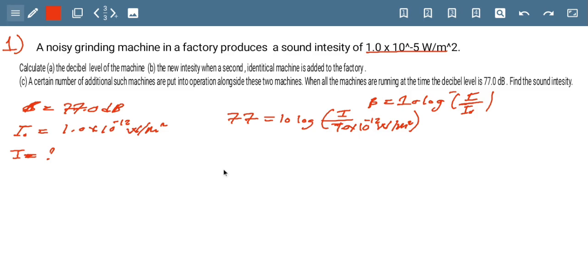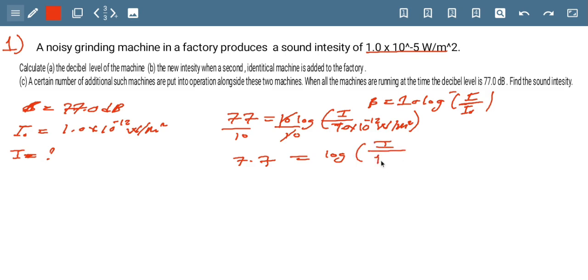Here I can divide both sides by 10, so that the 10 and 10 cancel each other. When I divide, I get 7.7, which is equal to log of the intensity divided by 1.0 × 10^-12.